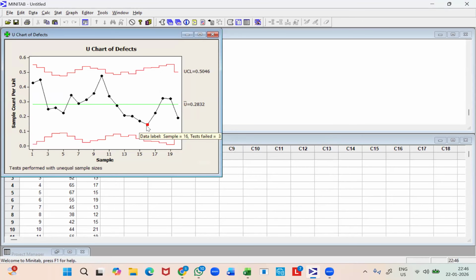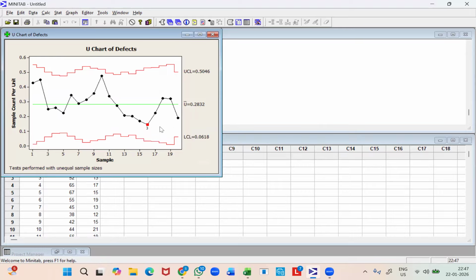So this red color dot would indicate that there is presence of special cause or assignable cause variation acting on the process. And what is the reason? The reason could be because there are 6 consecutive data points showing a downward trend, right?